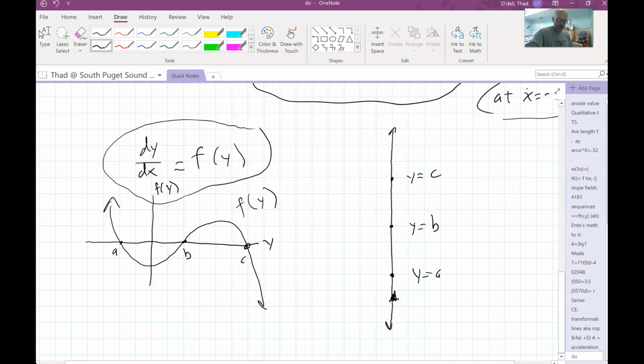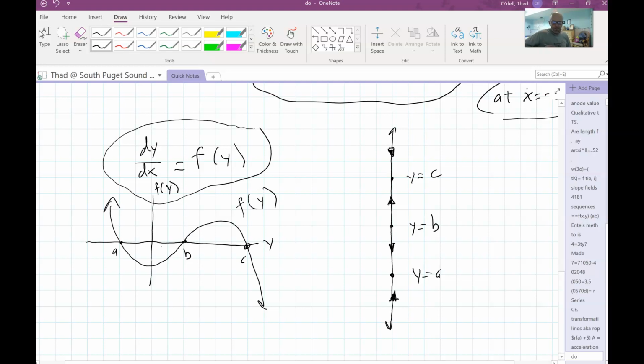And then between A and B, f of y is negative, so that means he's climbing down. And then between B and C, f of y is positive again, so that again tells me he's climbing up. And then finally, after C, it's negative, so that means he's climbing down. Okay?